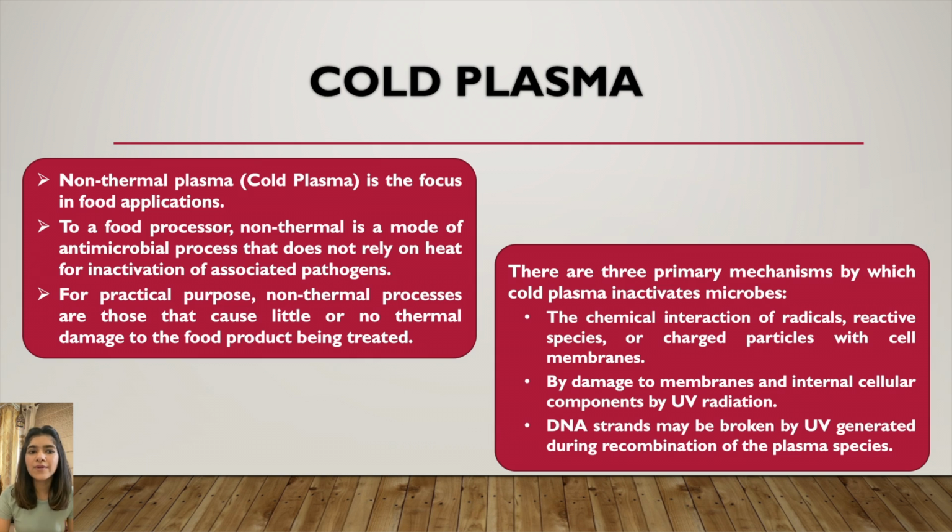There are three primary mechanisms by which cold plasma inactivates microbes. The first one is chemical interaction of radicals, reactive species, or charged particles with cell membranes, and by that it inactivates the microbes. The second one is damage to membranes and internal cellular components by UV radiation.